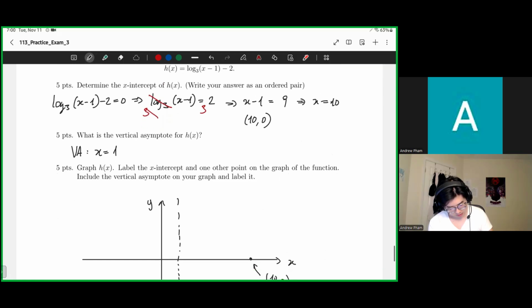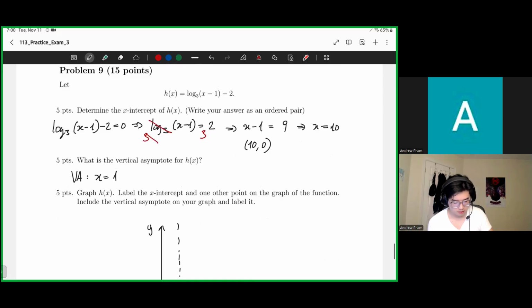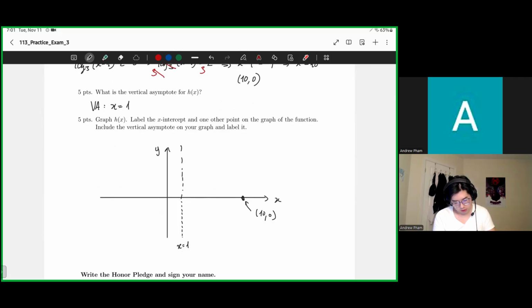And now I have to think about another point. So you can think about making the argument powers of 3. What x value will give you a power of 3 and one other point on the function.